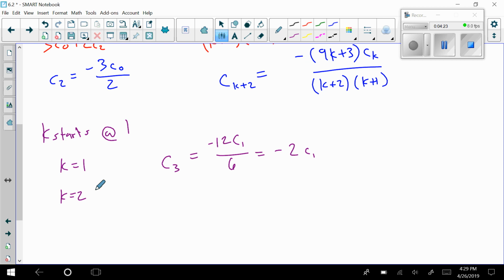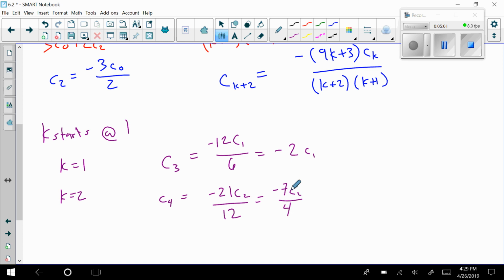K equals 2. So now c sub 4 equals, if I put in 2 for k, 18 plus 3 is 21, so negative 21 c sub 2, and on the bottom I would have 4 times 3, that's 12. If I simplify that a little bit, 3 goes in, so that's negative 7 c sub 2 divided by 4. Now, this is the key here.